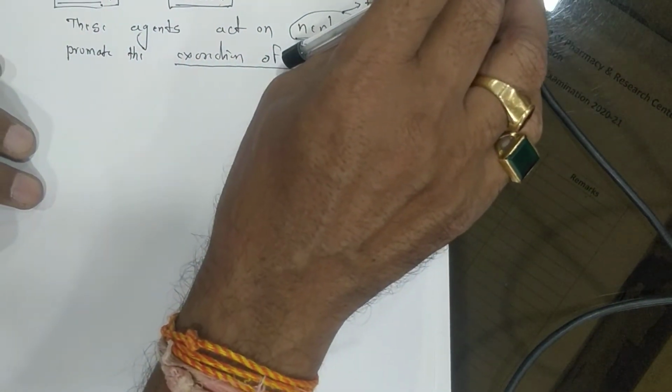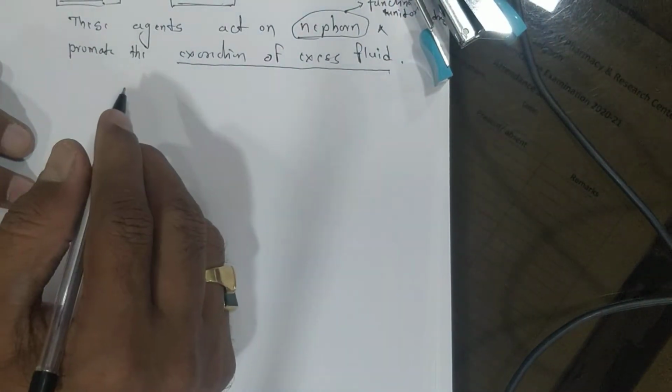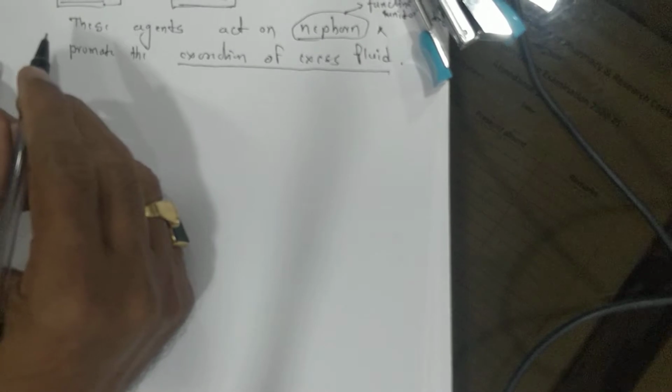A nephron, already in first year you studied the structure of the kidney and the functional unit in HAP. The Bowman's capsule is there.